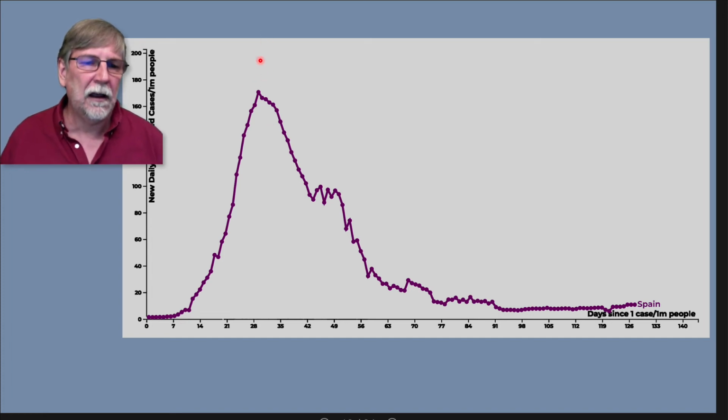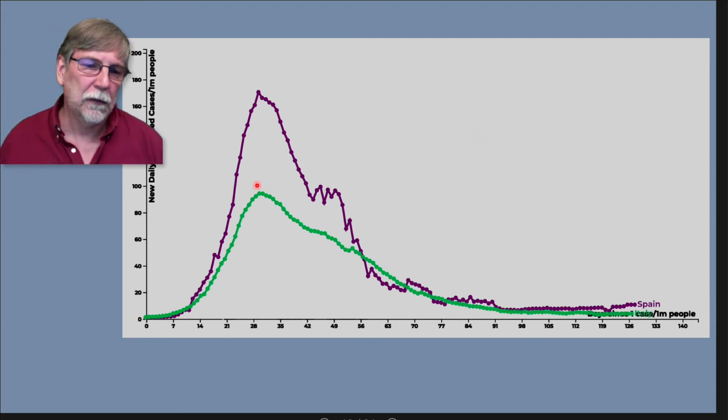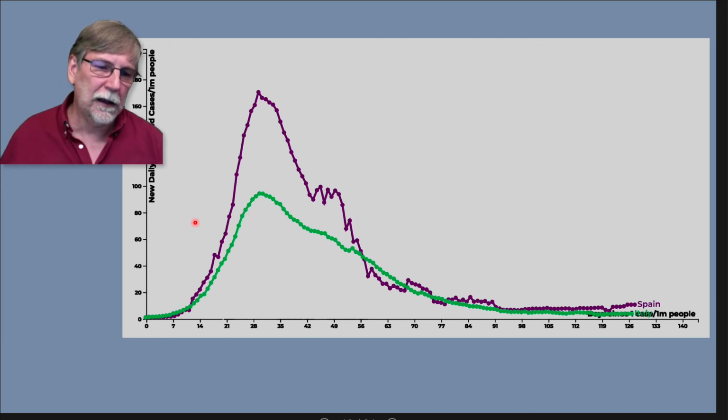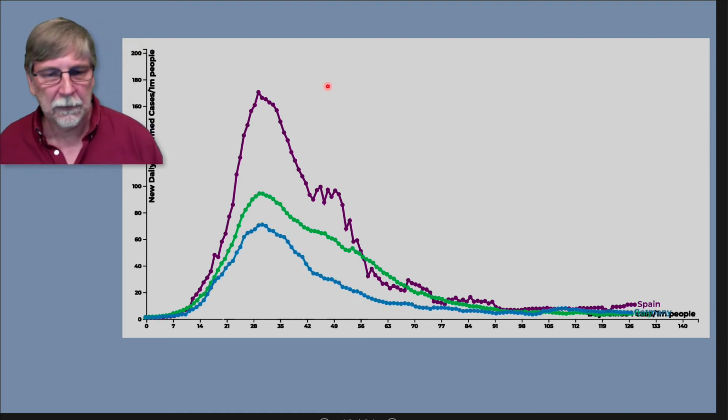They shut it down and you get exponential decline. There's Italy. Same thing happened. They shut it down. The number of infections were back here, and so they closed things down back here, which means that this is where the new infections stopped, and by the time you got to here, that's where you started seeing the cases declining.